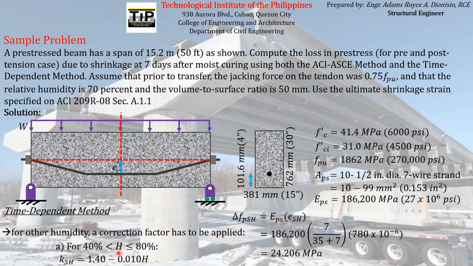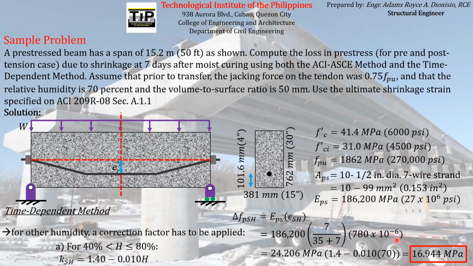So we just have to multiply this to the adjusted shrinkage strain that we computed a while ago, or simply multiply the value we computed a while ago by this correction factor here. Substituting the magnitude of H, which is equal to 70, again, always express H in terms of percent. Therefore, we can solve for the actual or estimated pre-stress loss due to shrinkage, which is equal to this.